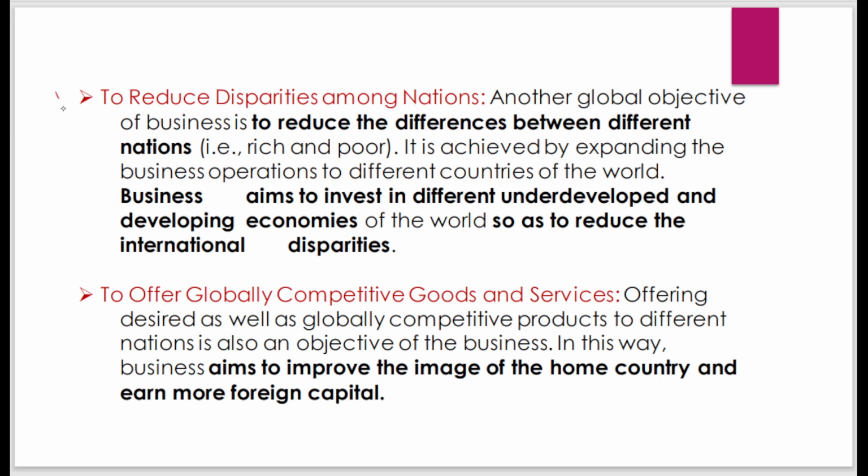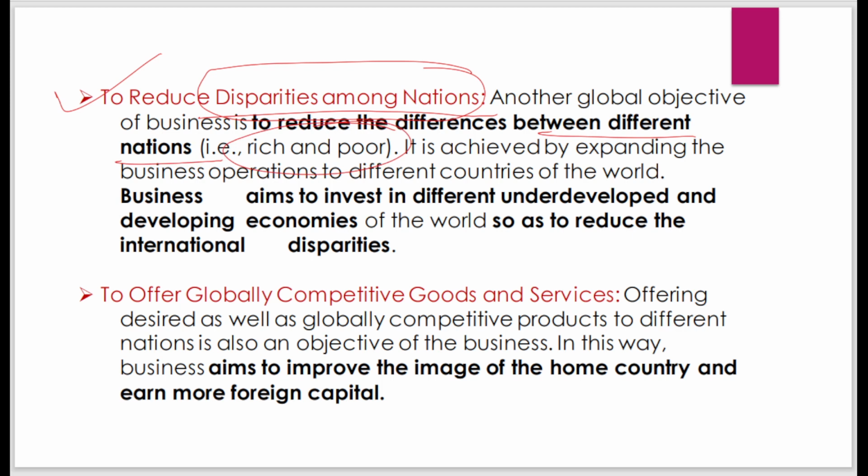Next one is to reduce disparities among the nations. As we know, every nation does not have equal opportunities and purchasing power, so that led to disparities among the nations. So another global objective of business is to reduce the difference between different nations, that is, rich and poor.